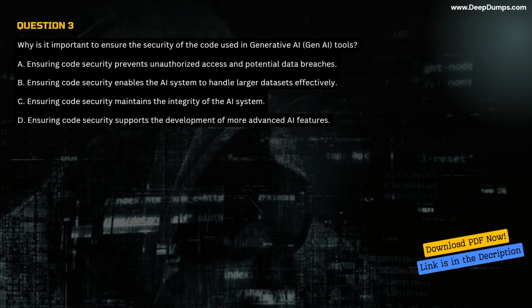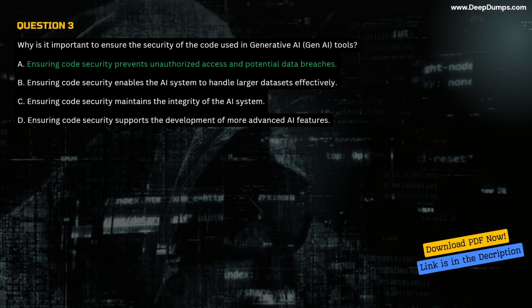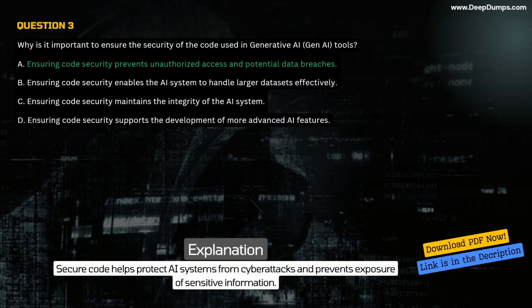D. Ensuring code security supports the development of more advanced AI features. Correct answer A. Ensuring code security prevents unauthorized access and potential data breaches. Explanation. Secure code helps protect AI systems from cyber attacks and prevents exposure of sensitive information.